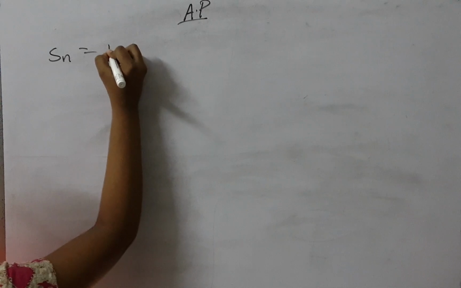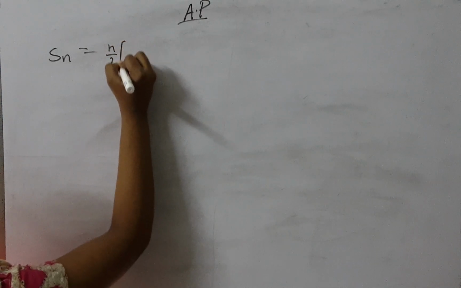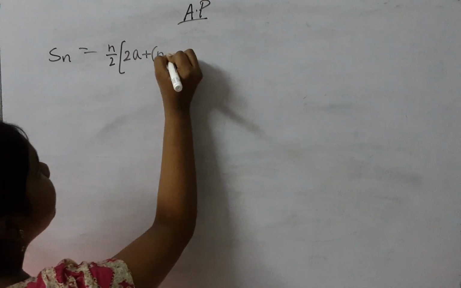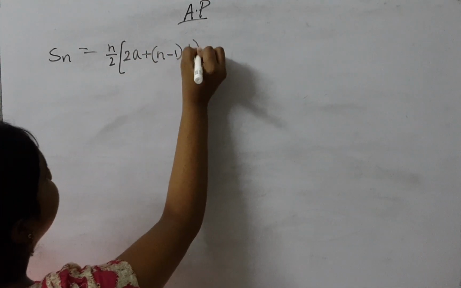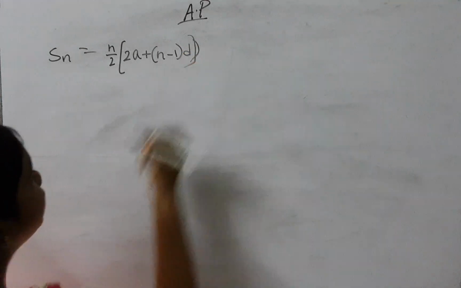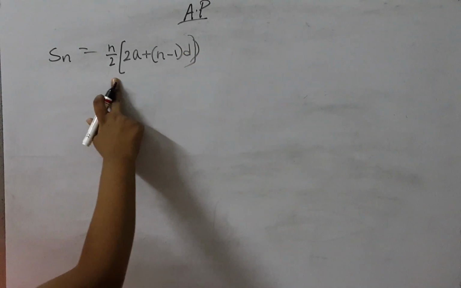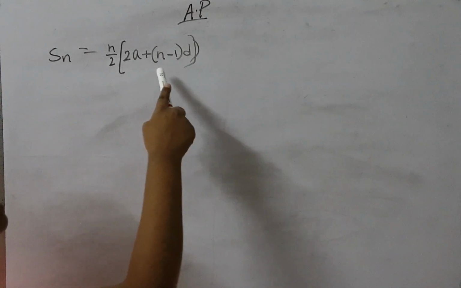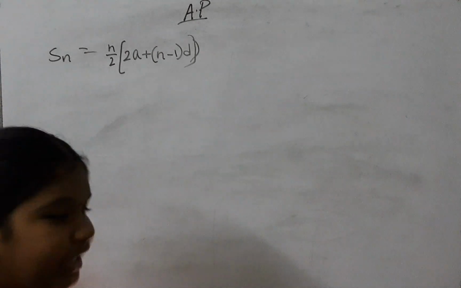Sn is equal to n by 2 into 2a plus n minus 1 into d.